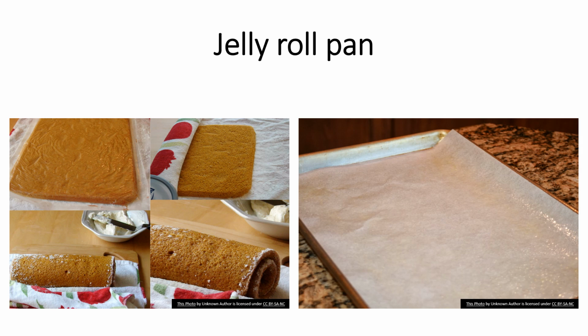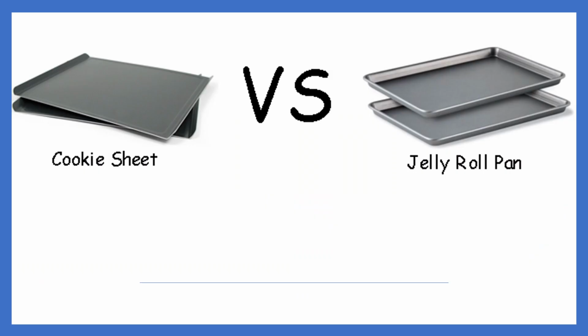This is similar to a baking or cooking sheet, but it has sides that are usually 1 inch deep with a variety of uses. So let us remember that cookie sheets or baking sheets are rimless.